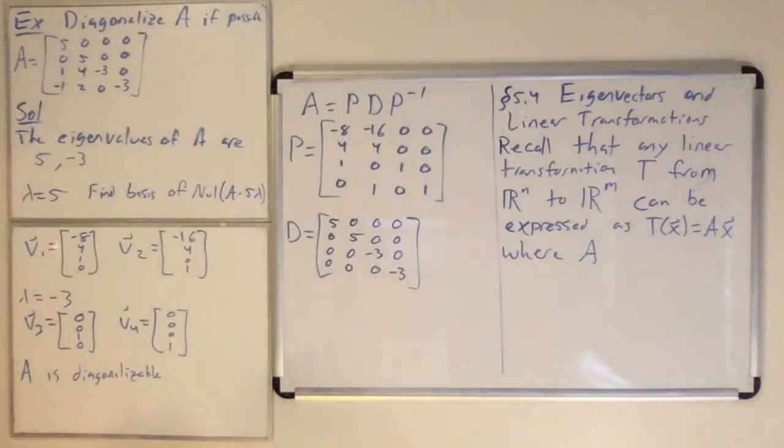Does anybody remember what we called this matrix A when we were dealing with linear transformations?